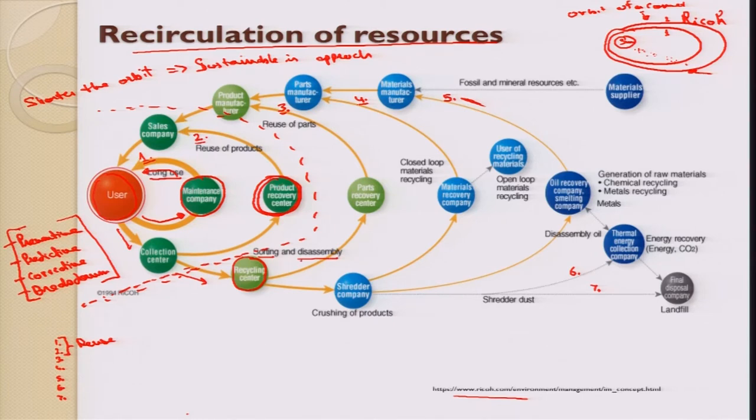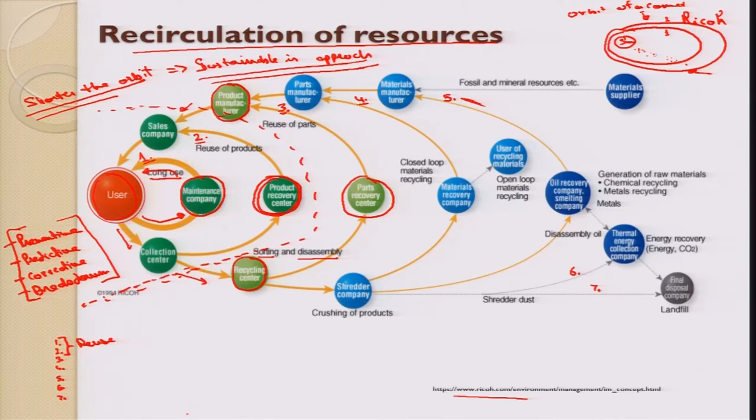Then they send it to a part recovery center, then it goes to the product manufacturer who can use the components again, then to the sales company, and then the product can again go to the user. In this case also the product comes to the user, but the circle is larger. As I said, the shorter the orbit, the more sustainable the approach. So here the sustainability extent is lesser in comparison to orbit 1 and 2.